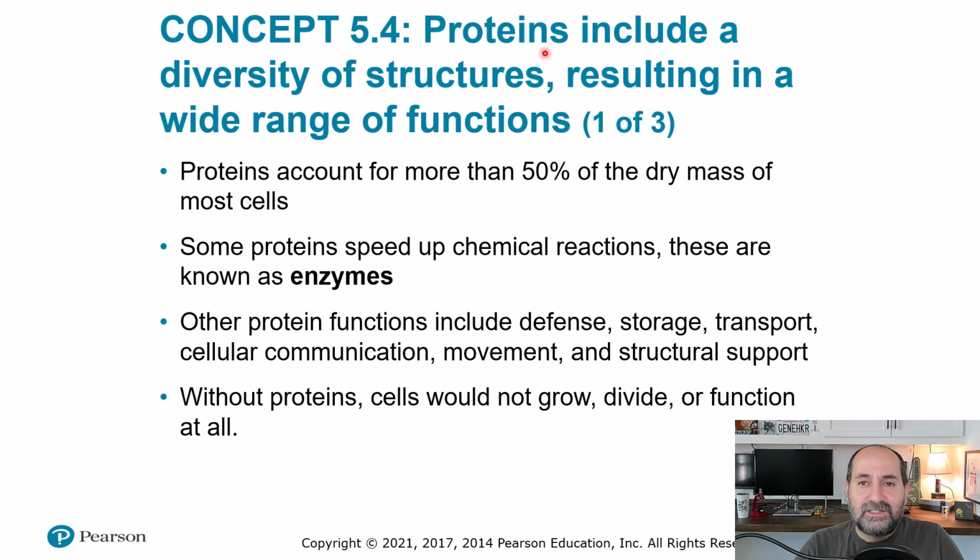And I can't express to you guys how important proteins are. Proteins, they do so many things in the cell. Some proteins speed up chemical reactions. These are the enzymes. Other protein functions include defensive functions, storage, transport, cell communication, movement, structural support. Without proteins, cells would not grow, they would not divide, they would not function at all.